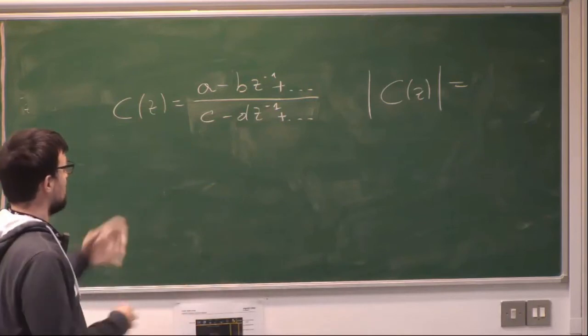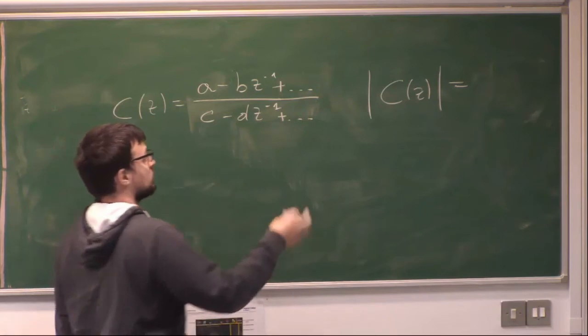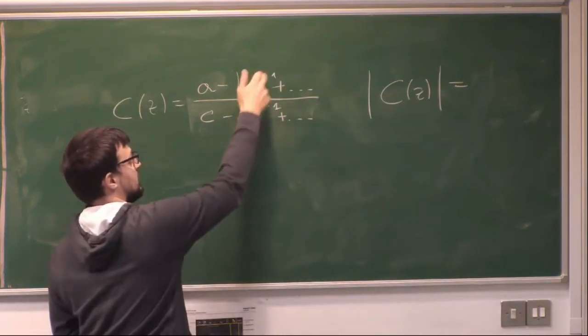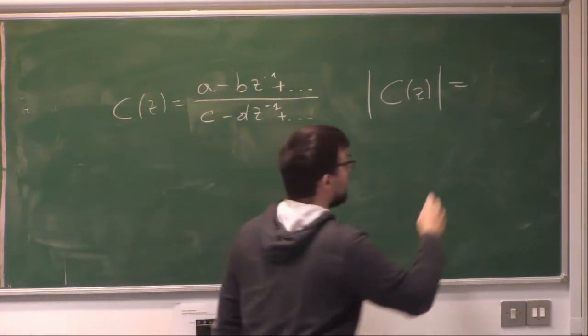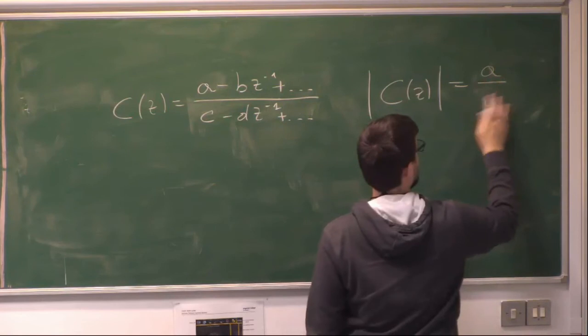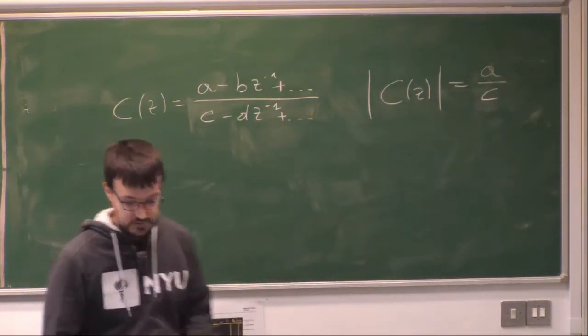So it's the value of the transfer function when z is going to infinity. If z goes to infinity, all this part goes to 0 because you have z to the power minus 1, and so the gain here is defined as a divided by c.